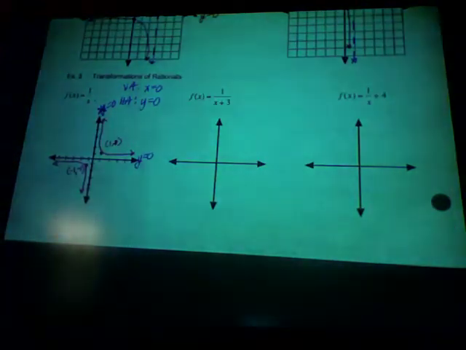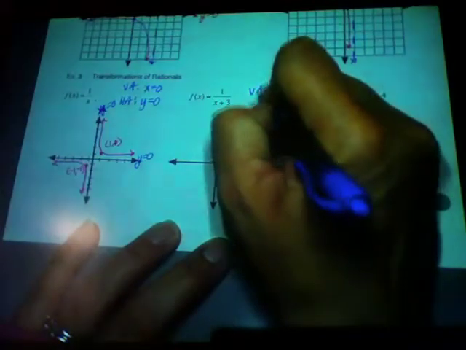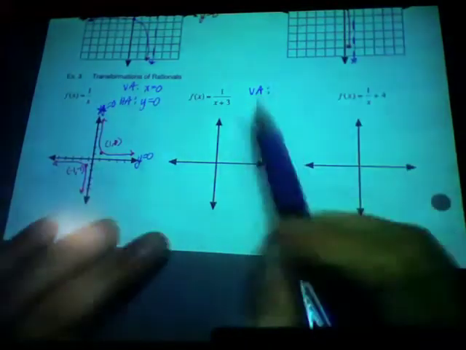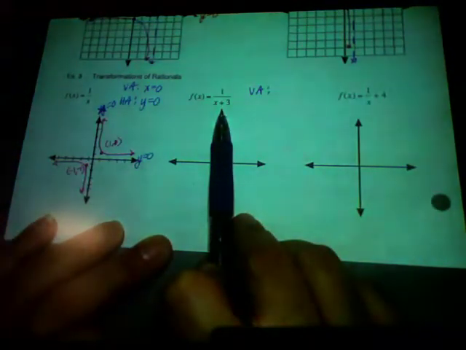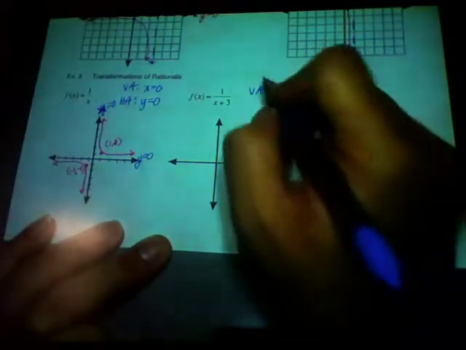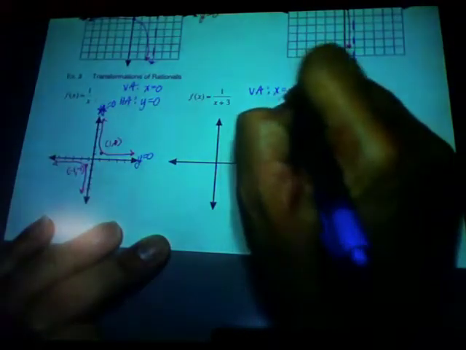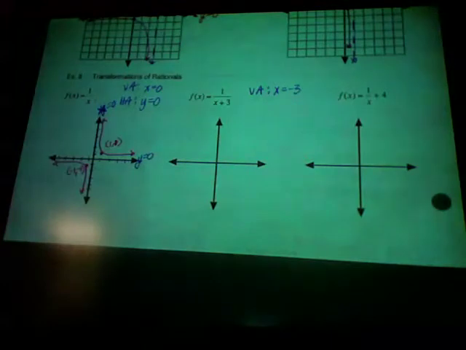Okay? Let's do the same thing over here. Vertical asymptote, set this equal to 0, what do you get? Negative 3. So x is equal to negative 3 is your vertical asymptote, right?